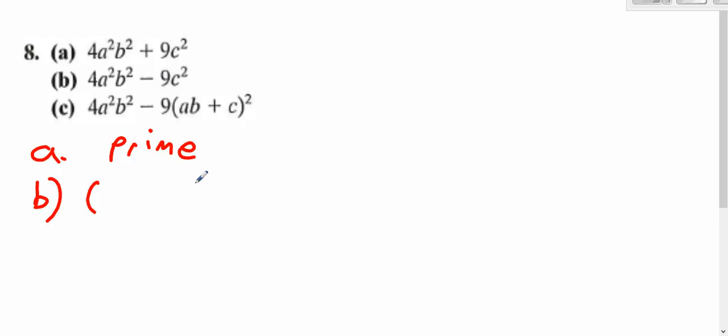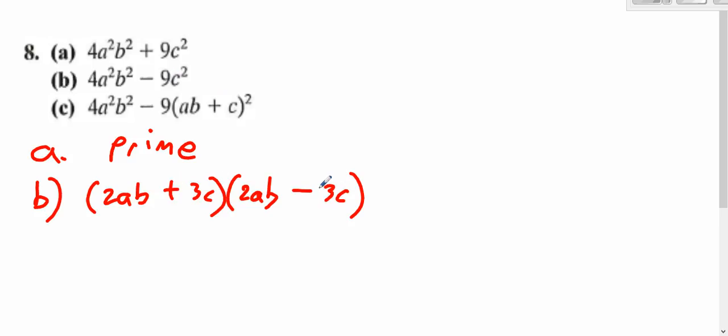It's a difference of squares. So the first term, that's 2 squared, that's an a squared, and that's a b squared. So it's 2ab. And in the back, that's a 3 and a c. One's positive, one's negative.